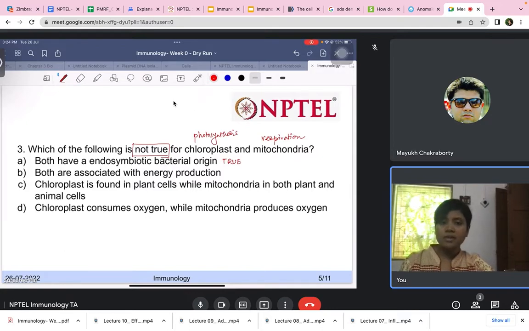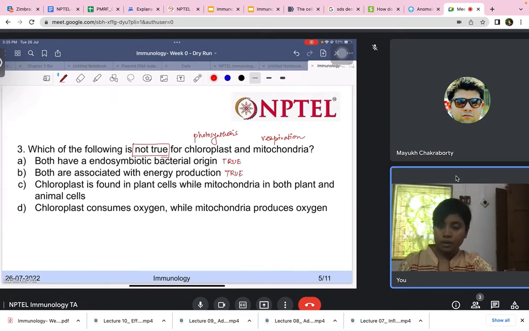Photosynthesis traps the energy of the photon from the sunlight, and in respiration we utilize that energy, so we produce the energy units which will be used in our cell, like the ATP. So obviously both are associated with energy production, so this is also a true statement.